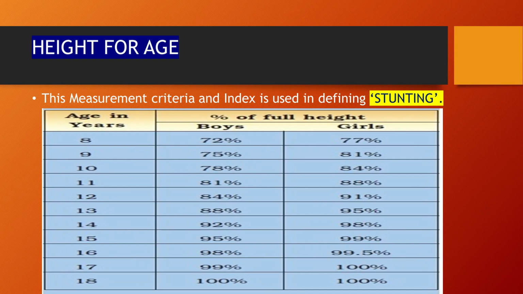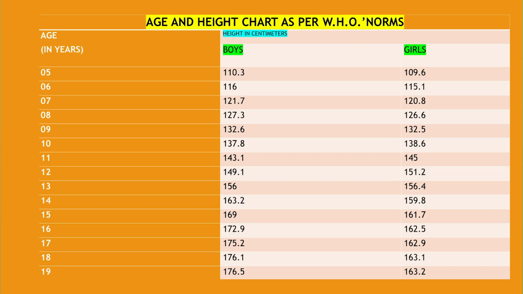That is what differs in both sexes. So, as I said in the beginning, when you say height for age, you should consider the sex in the picture. If you look at this chart for height for age, you see the average height in a boy as compared to age, and the average height in a girl as compared to age. Let me consider one example, a height at about 9 years of age.